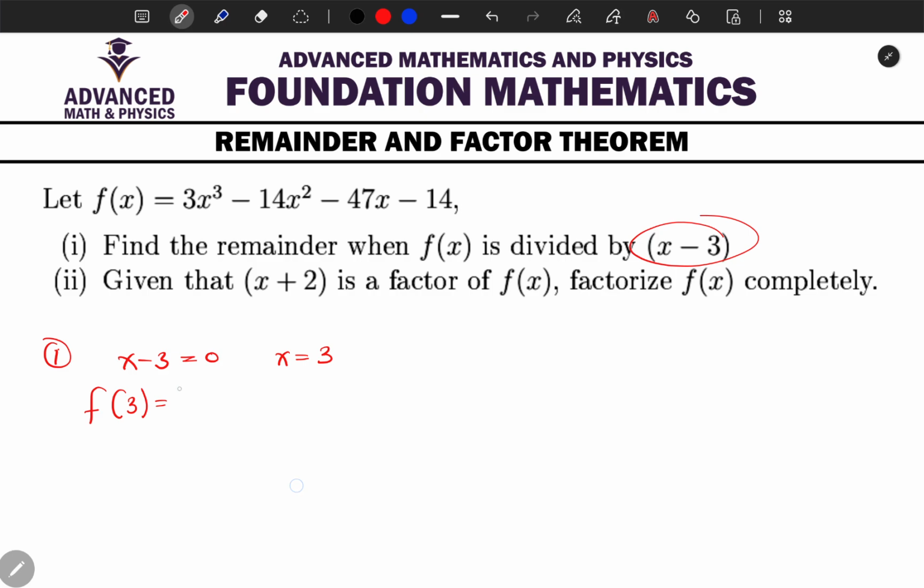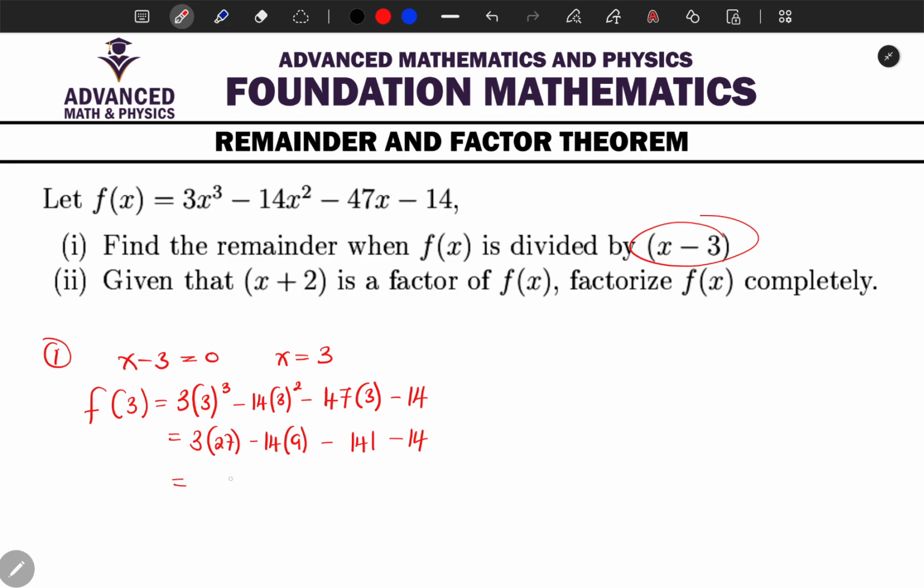Are we there? So we get 3 cubed minus 14 times 3 squared minus 47 times 3 minus 14. Evaluating this, 3 cubed is 27, 3 squared is 9, 47 times 3 is 141, and this one is just 14.